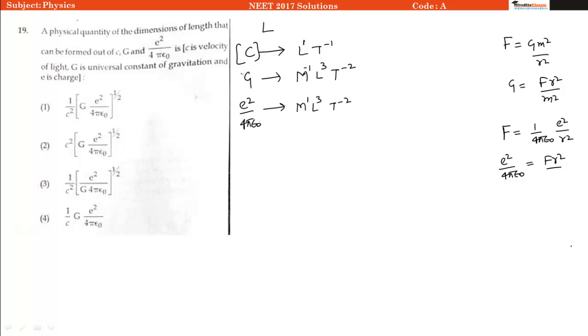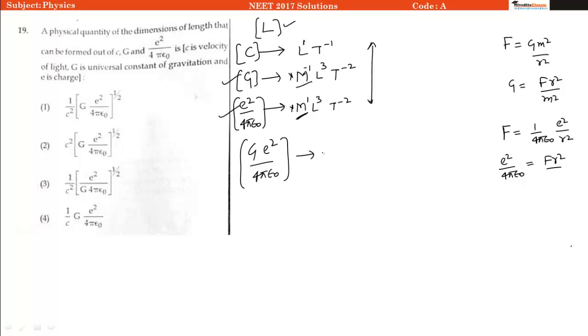So these are the dimensional formulas for the quantities which we have to use to create a quantity which has dimensions of L. If we use these three, finally we don't need any M. Here we have M^-1, here we have M^1, so these two should have the same power so that M gets cancelled out from both. So we can create G e squared divided by 4 pi epsilon naught as one quantity, as the power of these two will be the same.